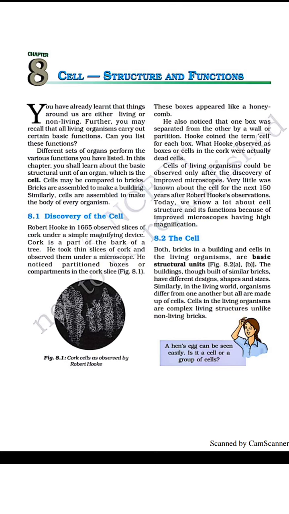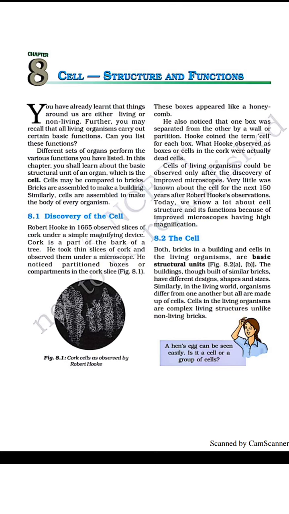So how do we come to know about this cell? Because we have said that the cell is a basic structural unit of the organ. The first discovery was done by the scientist Robert Hooke. He did this experiment in the year 1665. He first discovered the cell.